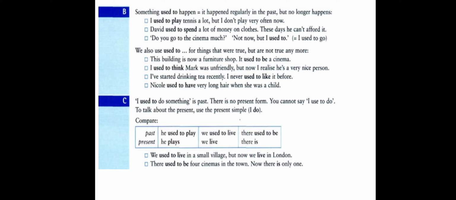Compare in the timetable. We have here a past habit, he used to play, where we use used to plus the base form, and the present habit is he plays. A past habit, we used to live. A present habit, we live.